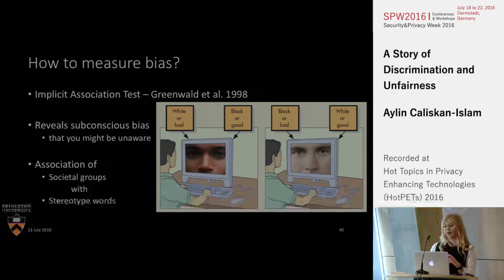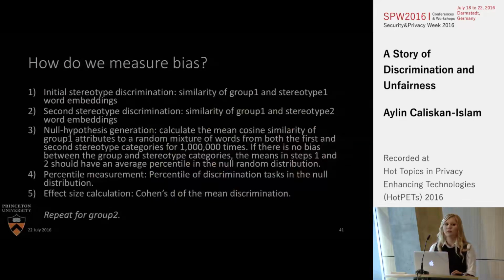How can we do this with language models? We had to think about this a lot because we are trying to adapt a real psychology bias study to computational models. For this, let's say that we have two groups, black and white Americans, and two stereotypes, being pleasant and unpleasant.